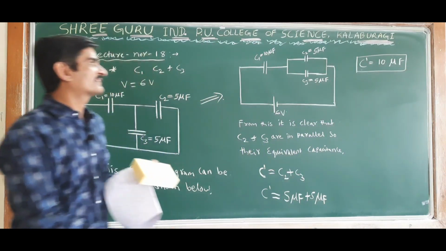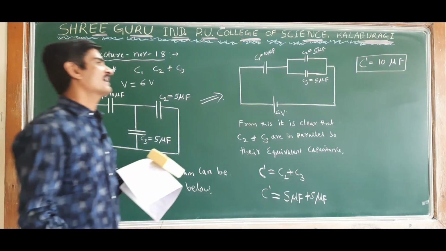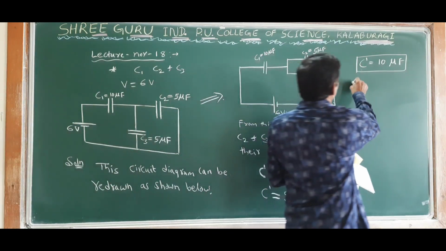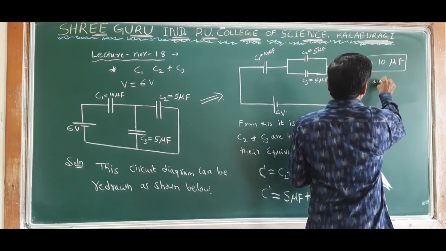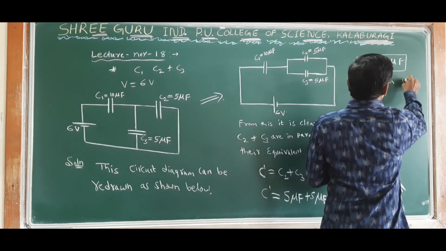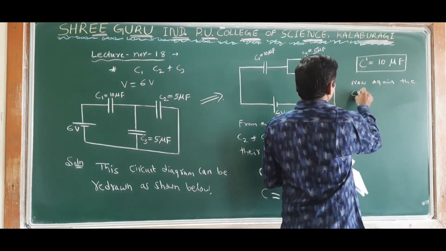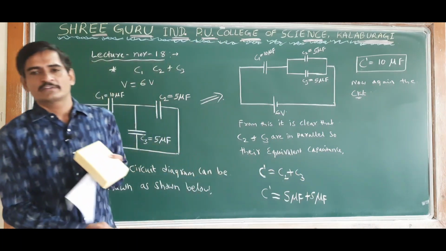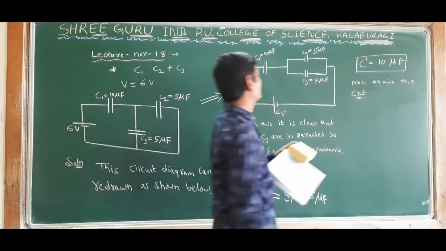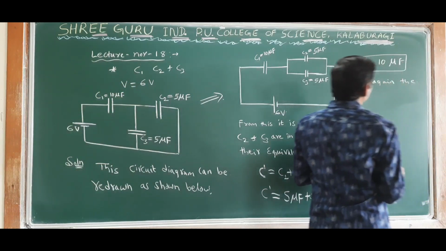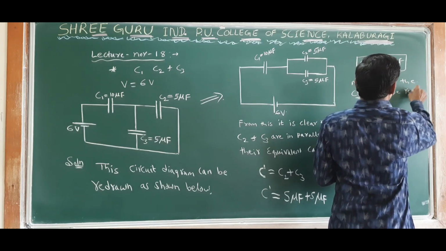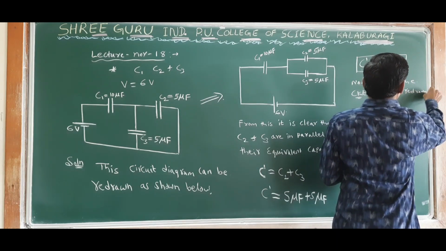So now this is C dash. How is this C dash with the C1? Now again the circuit can be changed. CKT means circuit, not cricket. Now again the circuit can be redrawn like this.